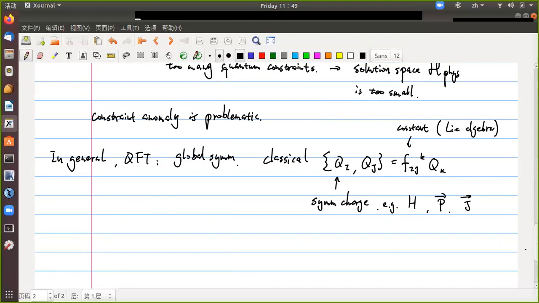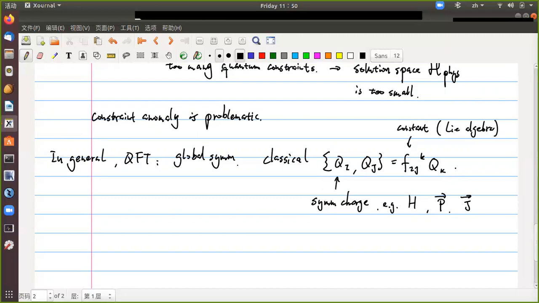They satisfy some commutation relations. The Poisson bracket between Hamiltonian and momentum is 0 in case your momentum is conserved, and the Poisson bracket between Hamiltonian and angular momentum is 0 in case your angular momentum is conserved. Whenever you have a symmetry, you have a conserved quantity. So classically you get a lot of these symmetry charges.